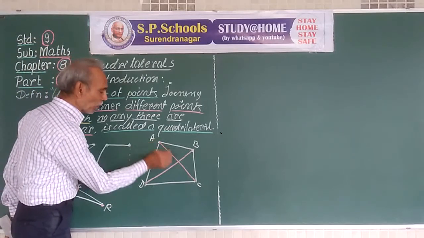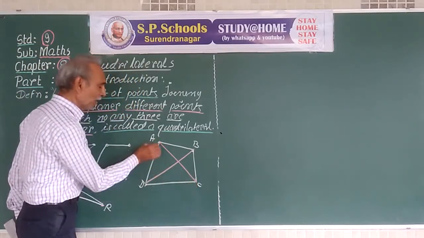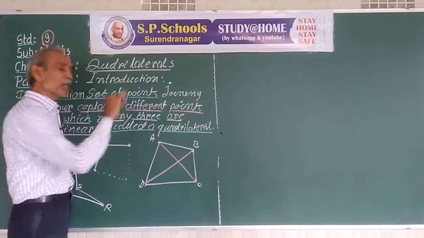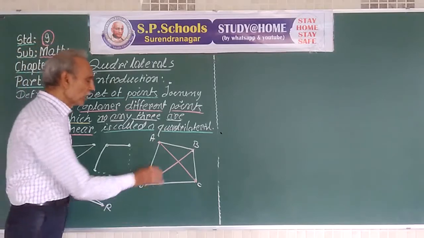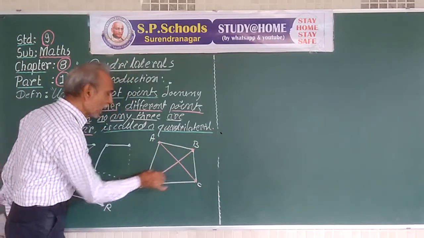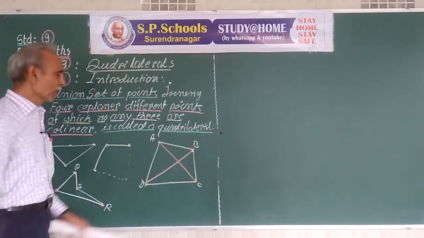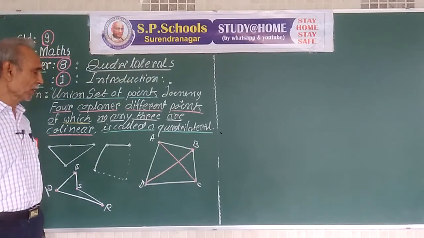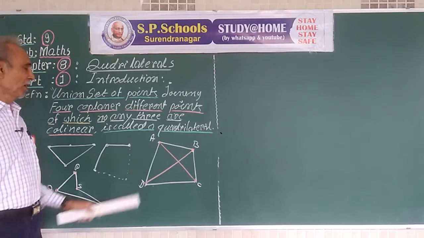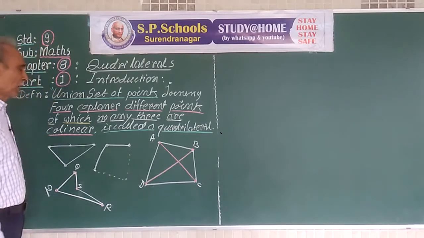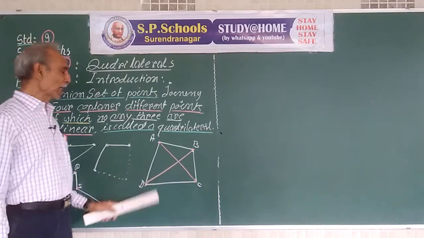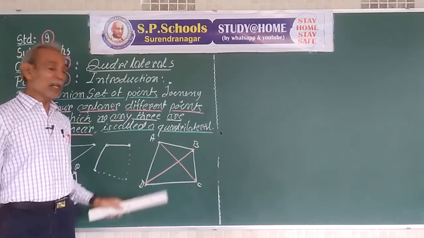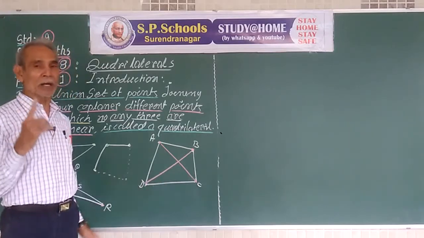This line segment we call a diagonal of the quadrilateral, with endpoint A and endpoint C, and all other points are in the interior of this quadrilateral. Here, the other diagonal has endpoint B and endpoint D. All the points are in the interior of the quadrilateral ABCD. Thus, both these diagonals have all points except endpoints in the interior of the quadrilateral.